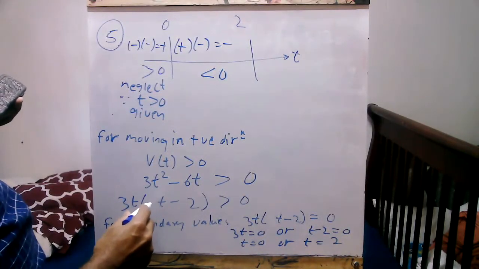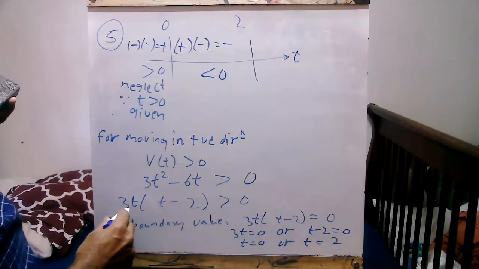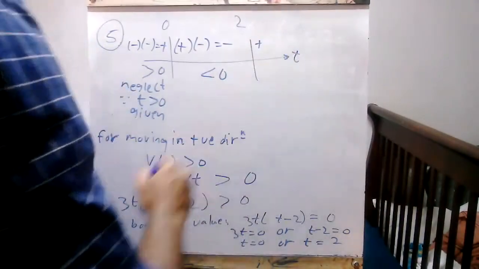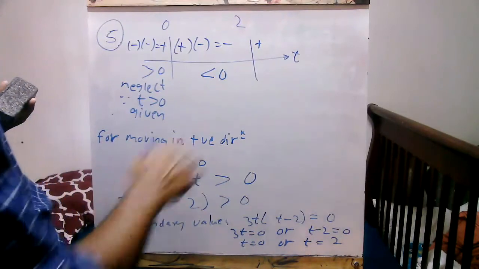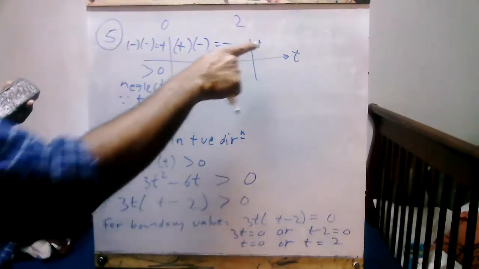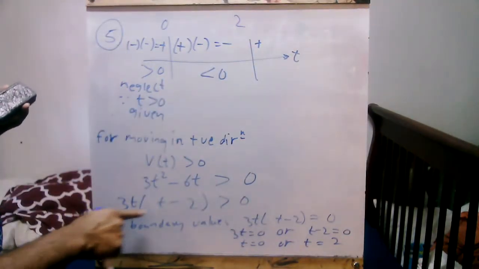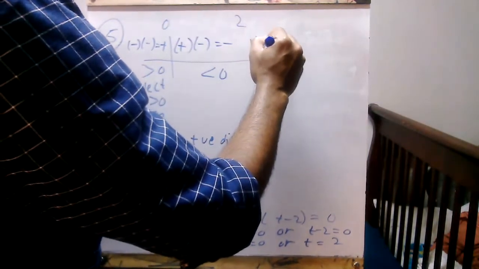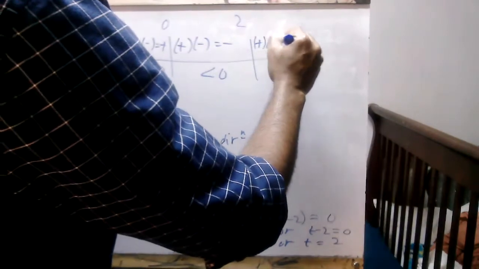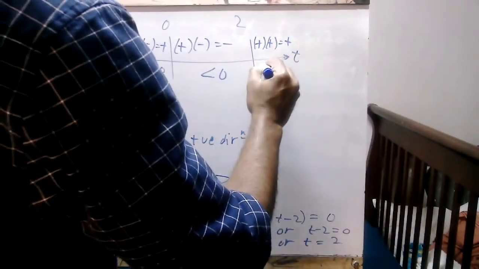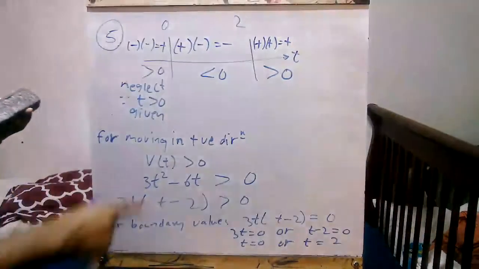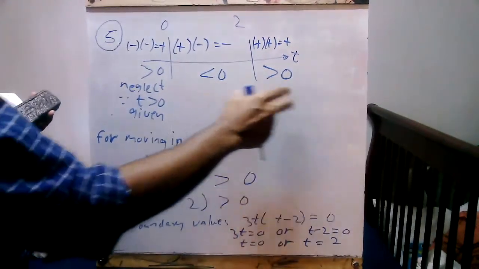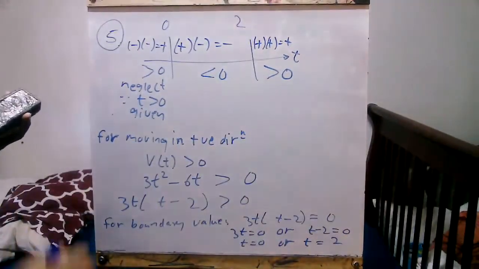When t is greater than 2, this is positive. So we can substitute something like 3 here. 3 times 3, 9, positive. 3 minus 2, 1, positive, equal to positive, therefore greater than 0. This part neglected. This region it is negative, this region it is positive.